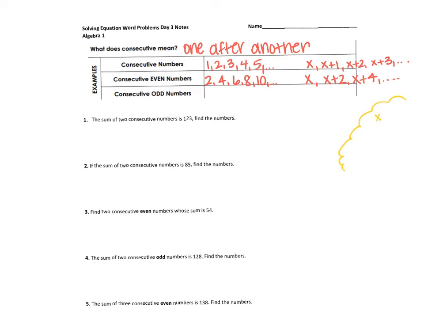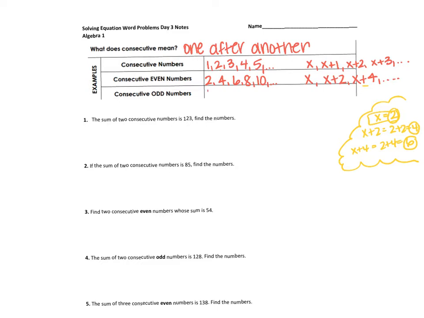If my x was, say, 2, and I did x plus 2, 2 plus 2 is 4. Then next it says to do x plus 4. Again, we said x was 2, so 2 plus 4 is 6. Notice it did go 2, 4, 6. So it is a set of consecutive even numbers.